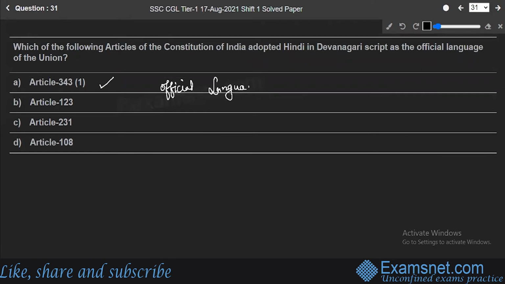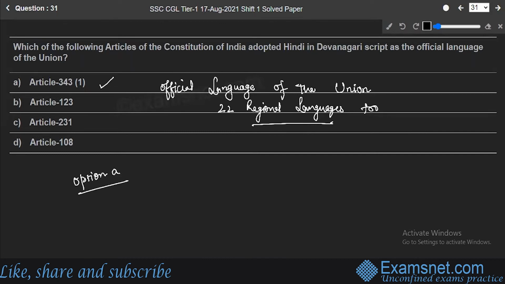The form of numerals to be used for the official purposes of the Union shall be the international form of Indian numerals. In addition to the official language, the Constitution recognizes 22 regional languages also. So, option A, Article 343, is the correct answer to the question. Hope you are clear with this.